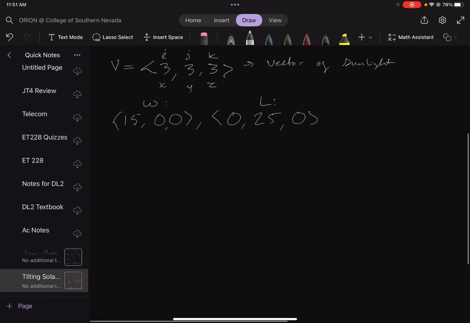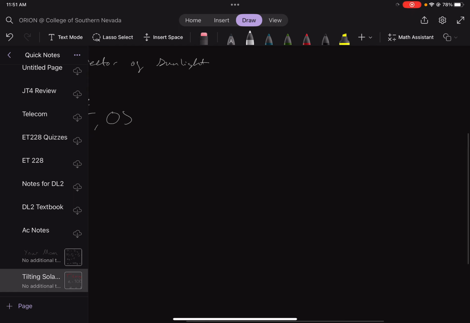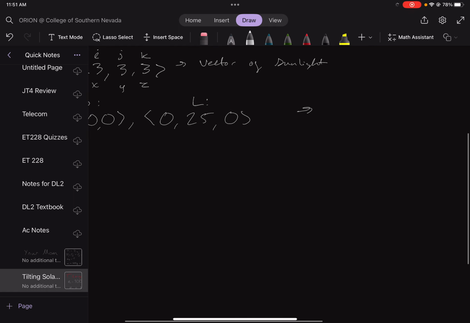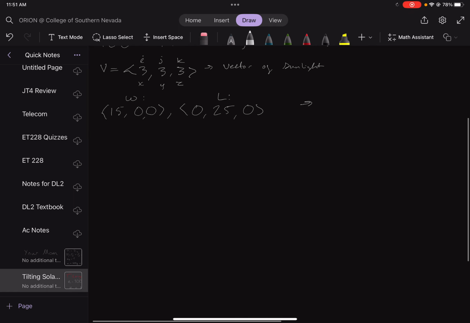So to visualize that, I will draw it as well. So here it is. So that's our solar panel vector.